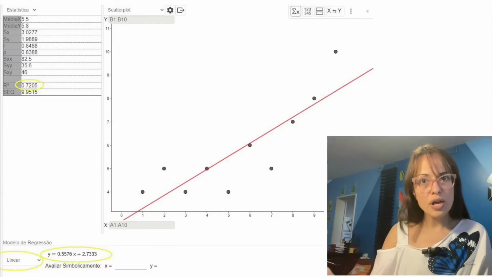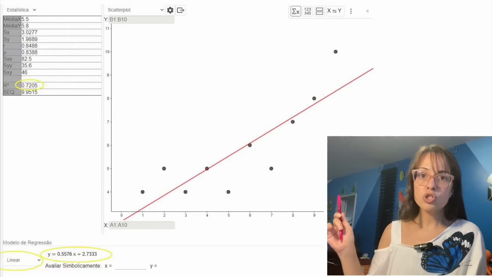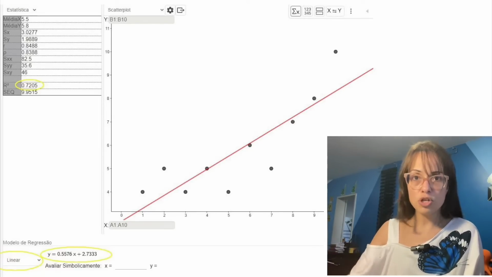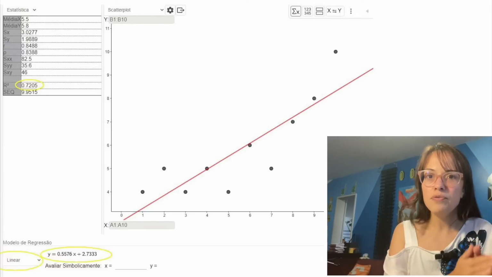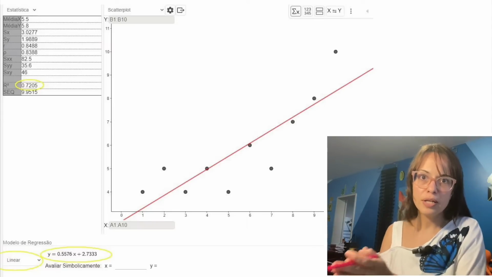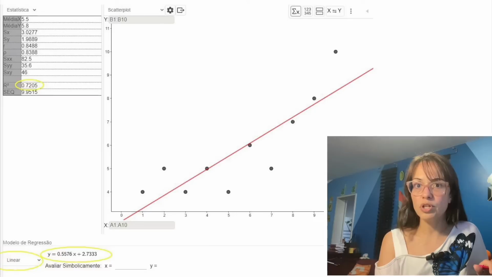But r squared is something that we can generalize to other types of regression. That's called the coefficient of determination. Don't talk about Pearson's correlation coefficient if you're doing a regression that is not linear. Only if you're doing linear regression you can talk about Pearson's correlation coefficient.